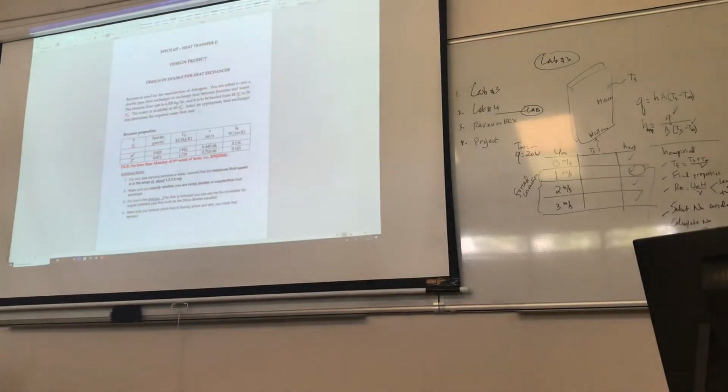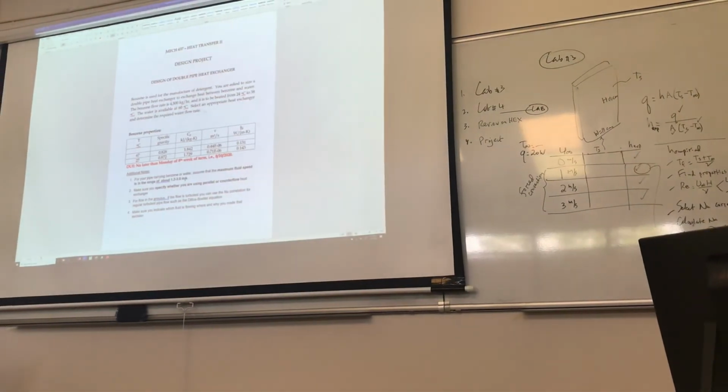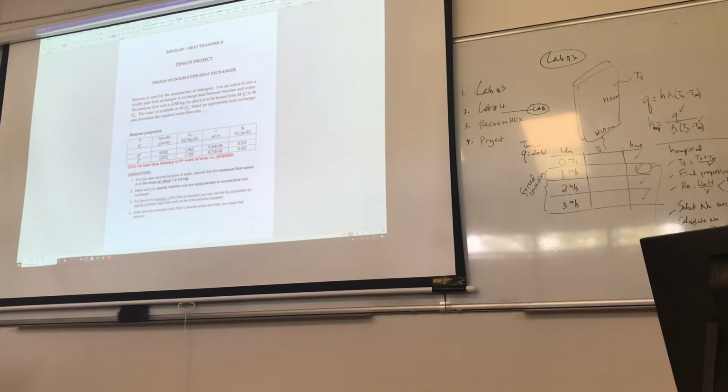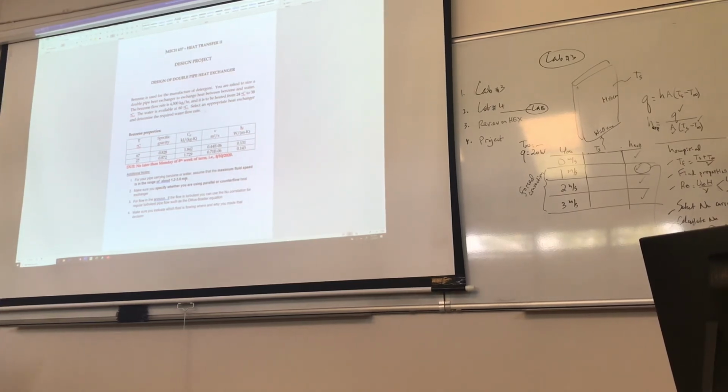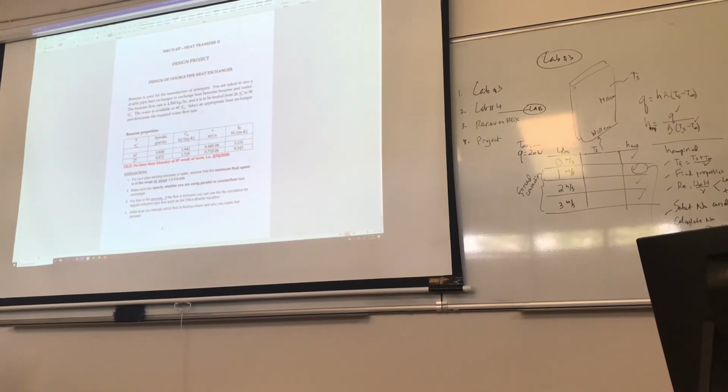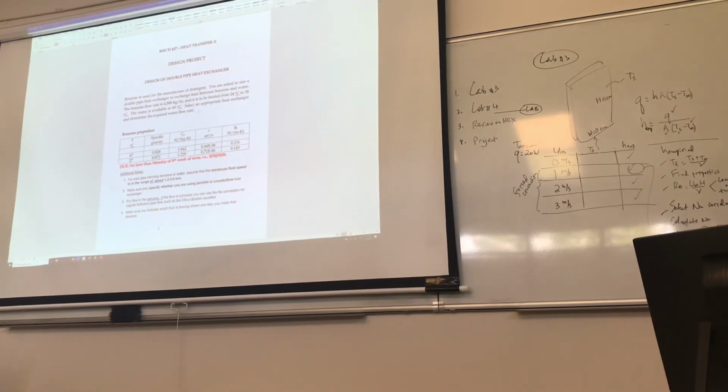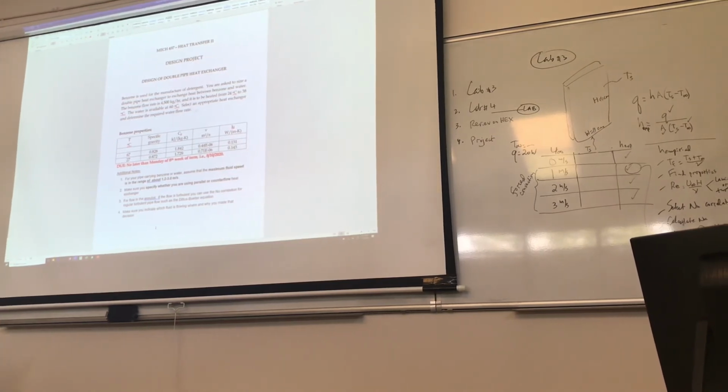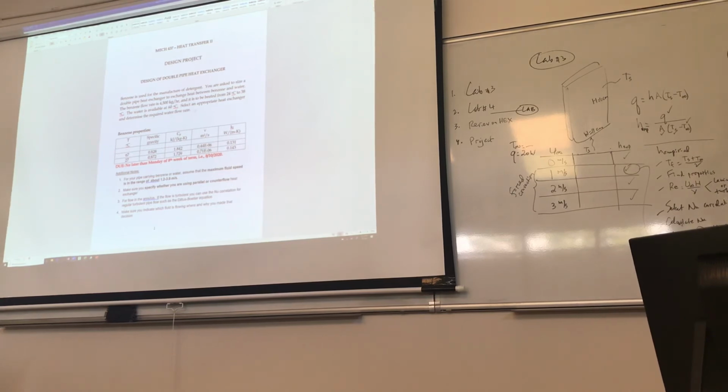No two people are going to get exactly the same results, but you're repeating the calculations and you want to make sure that you're not outside the bounds of what you're supposed to be doing. Sometimes you may say, maybe I should reduce the length. What if I increase my flow rate, for example? What does it do? You know that the flow rate affects the velocity in the pipe, et cetera.